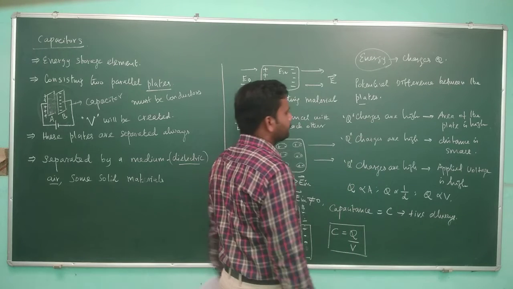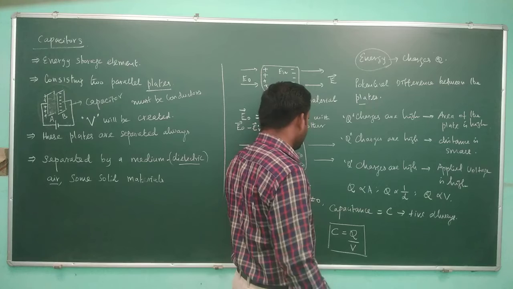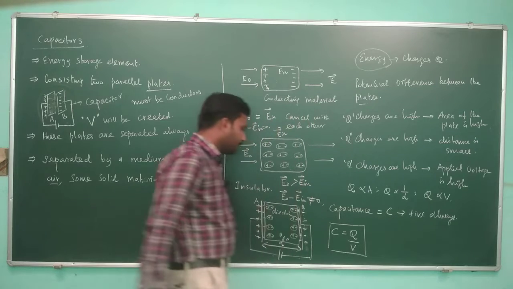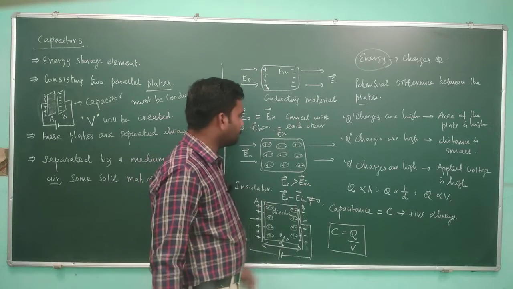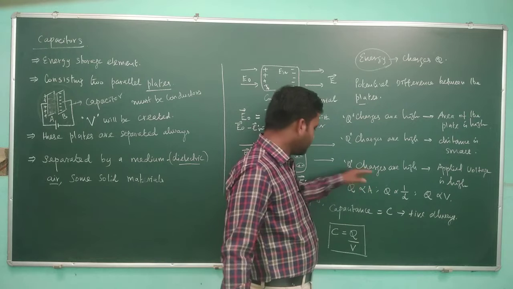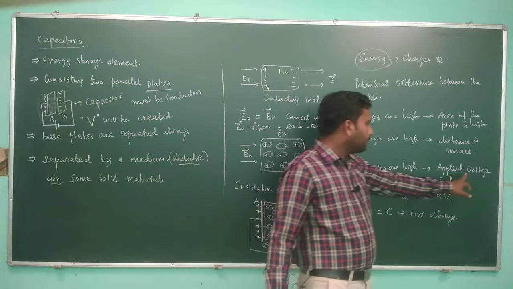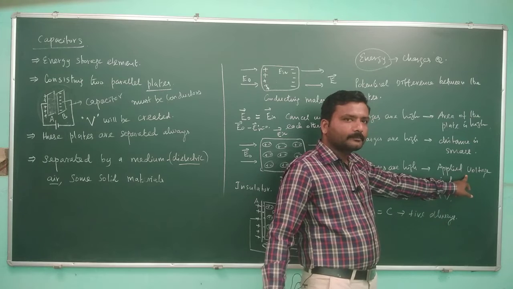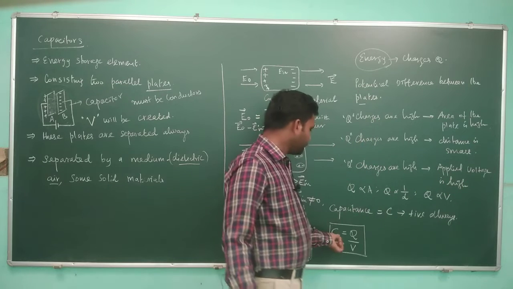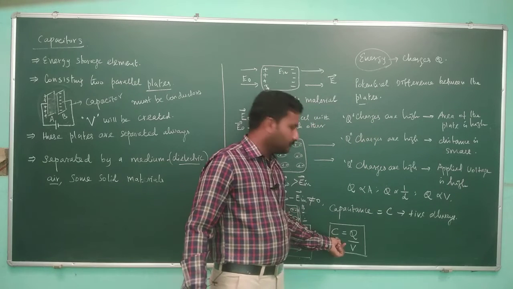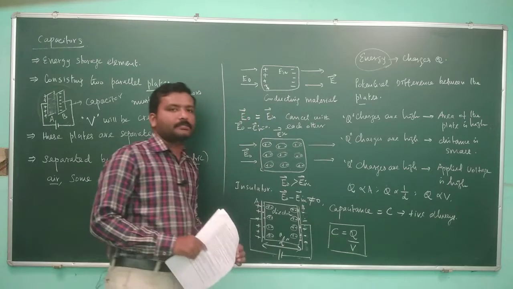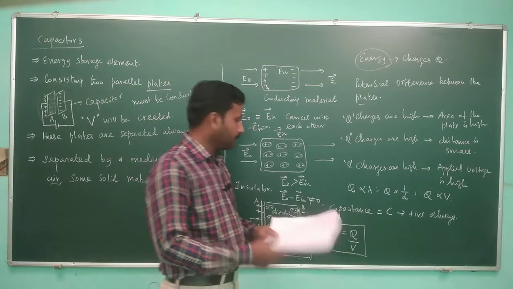Why? One way we can relate it is that the charge will be high if the applied voltage is high. If you take the ratio, that will give you the value of capacitance.